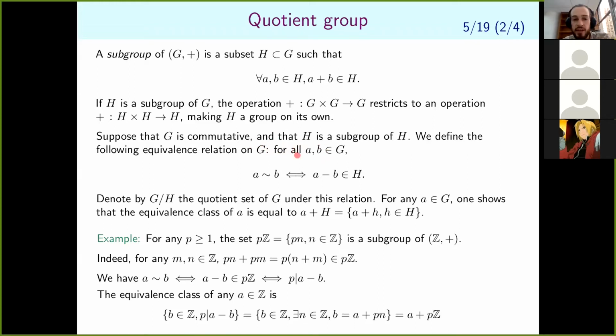Say that any two elements of G are equivalent if their difference belongs to the subgroup H. So you can show that this is an equivalence relation, and you can consider the quotient set, the set of equivalence classes. And you can show that an equivalence class for this relation has the form A plus H for some element A of G.